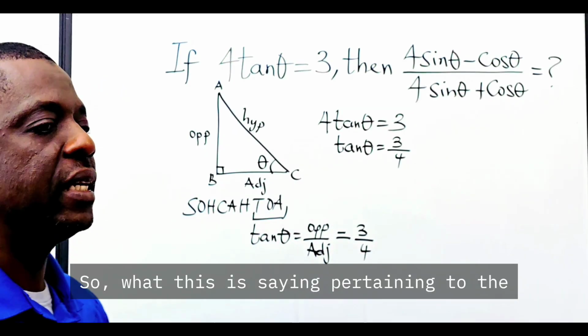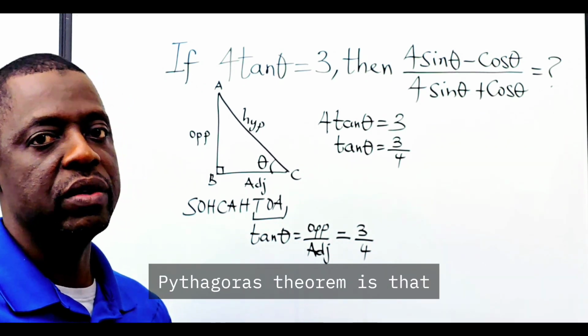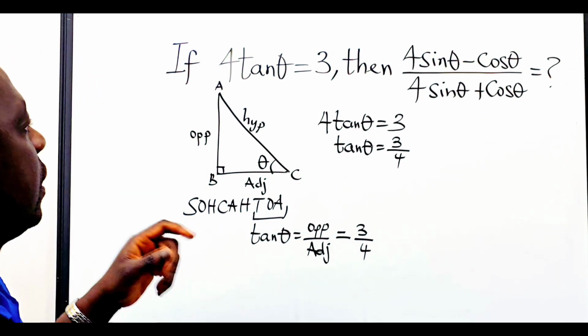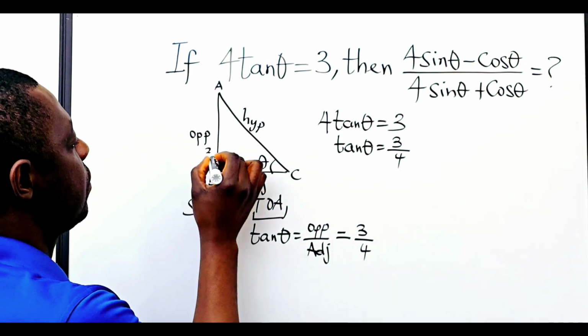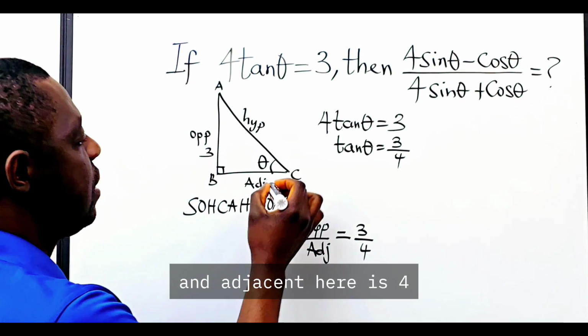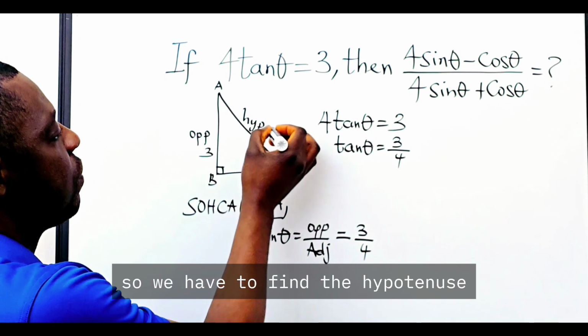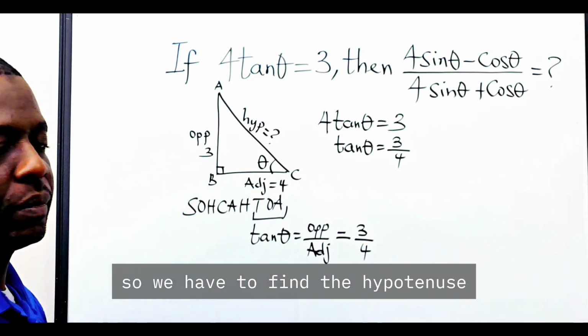So what this is saying, pertaining to the Pythagoras theorem, is that the opposite here is 3 and the adjacent here is 4. So we have to find the hypotenuse.